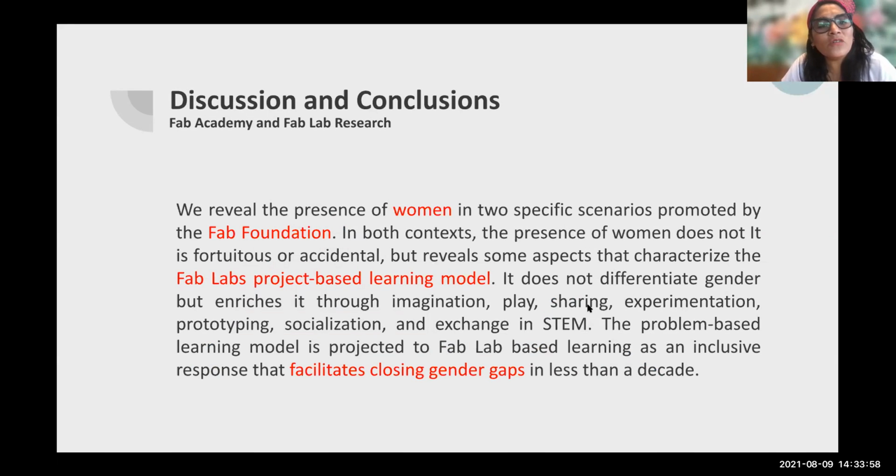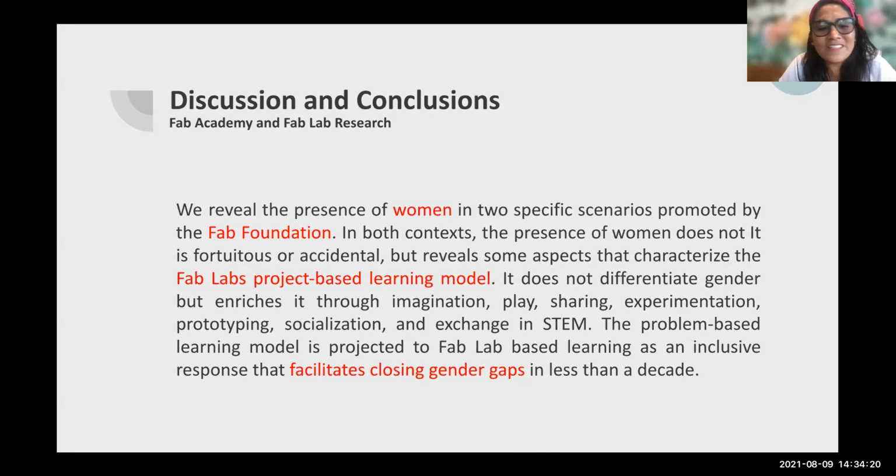Some discussion and conclusion is that we reveal the presence of women in two specific scenarios promoted by the Fab Foundation. In both contexts, the presence of women is fortuitous or accidental, but reveals some aspects that characterize the Fab Lab project-based learning model.